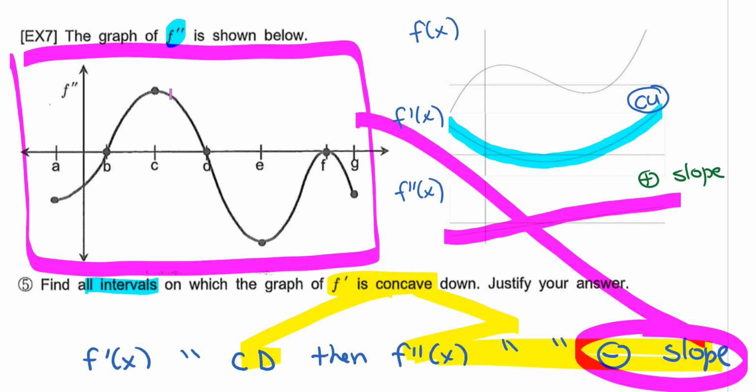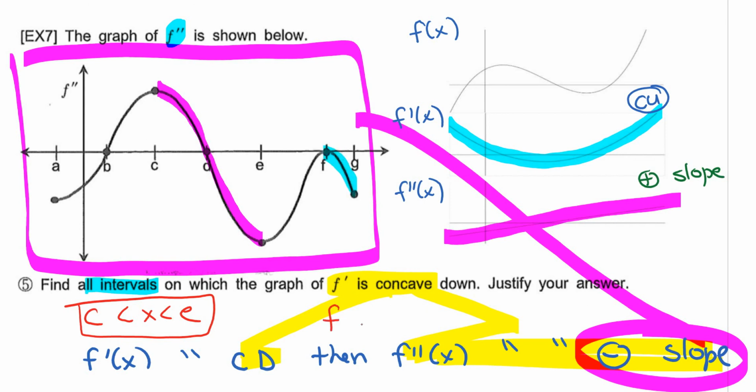Okay, so I have a negative slope in this region from C to E. So C to E is one region where I have a negative slope, and I also have a negative slope between F and G, so I should write that as F less than x less than G. Okay, so there is my final answer there.